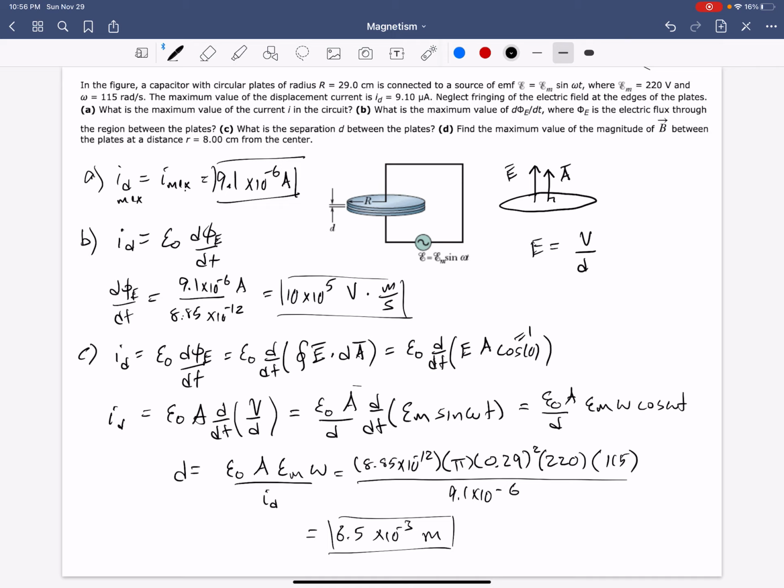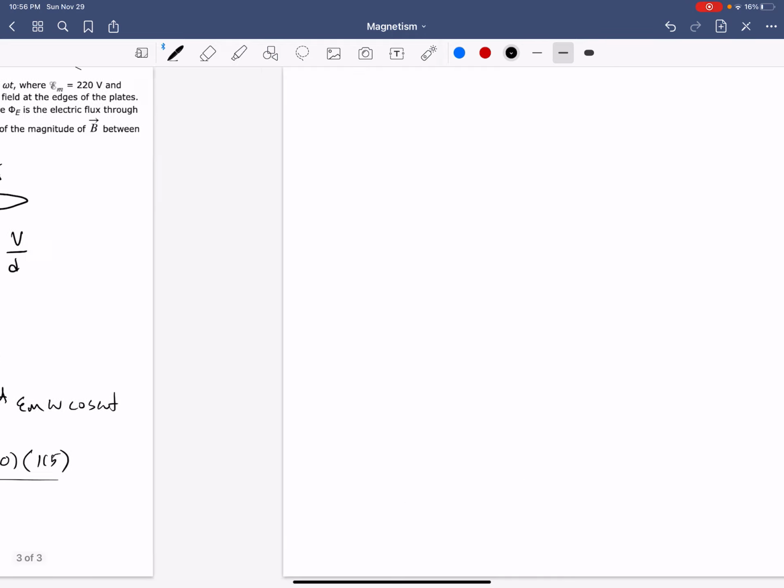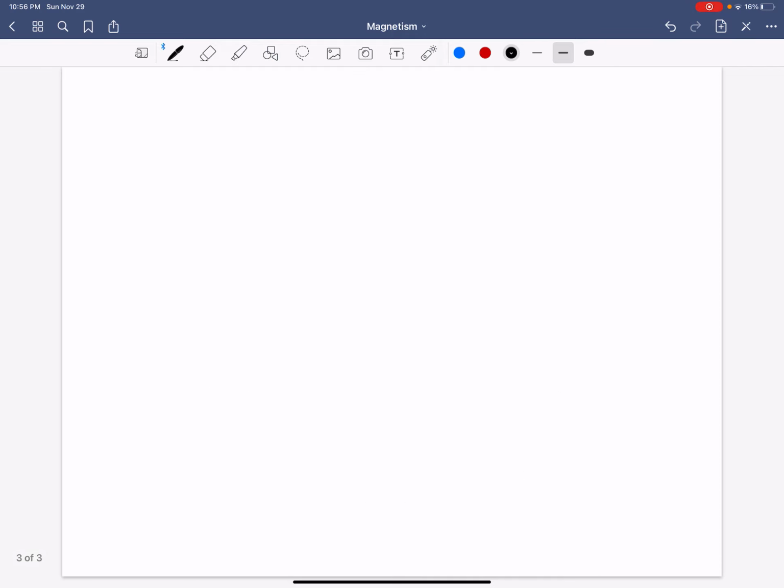Part D is finding the maximum value of the magnitude of the magnetic field in between the plates at some distance r, which is less than the maximum radius. So now let me go to this page.